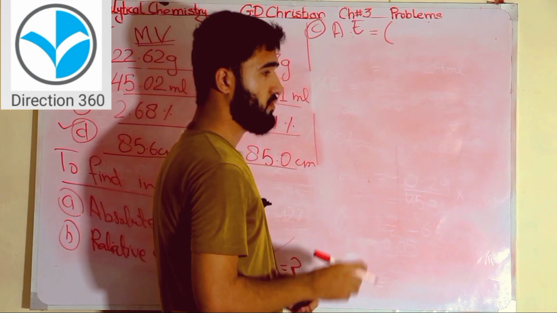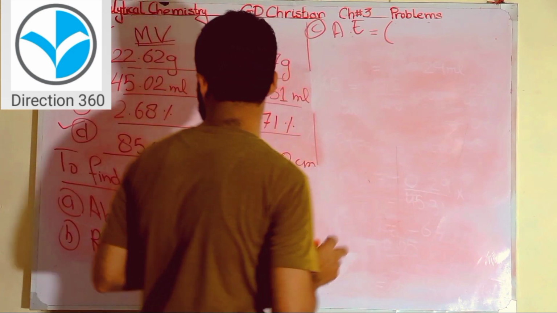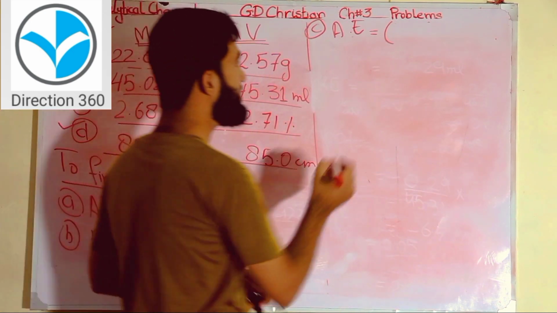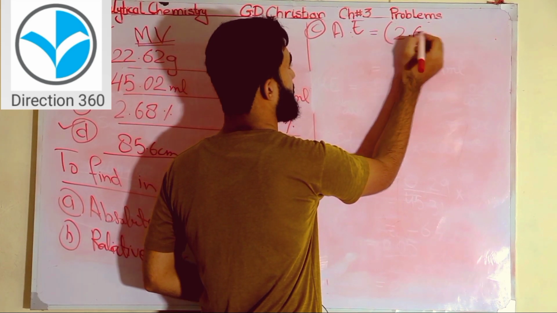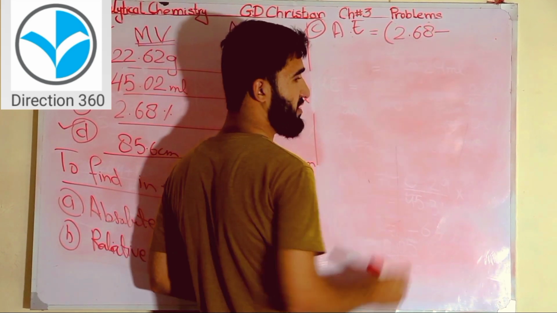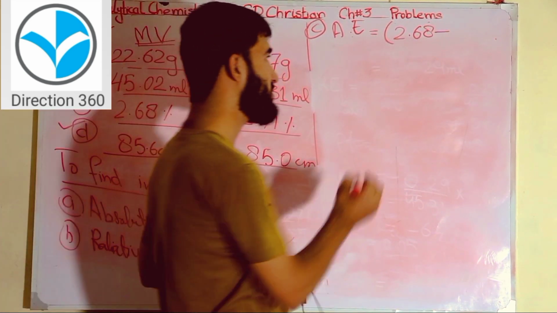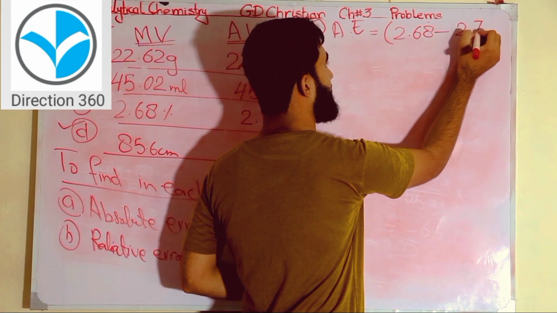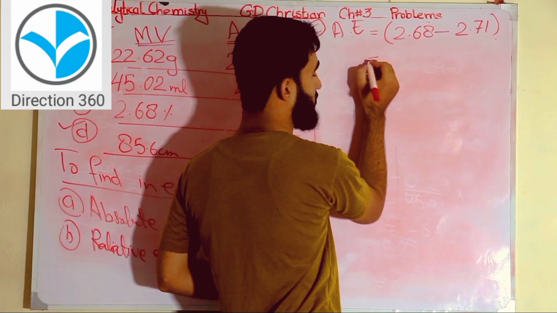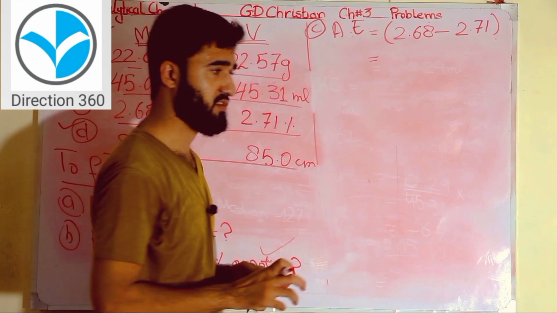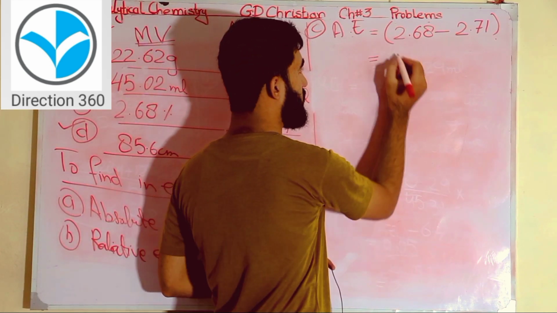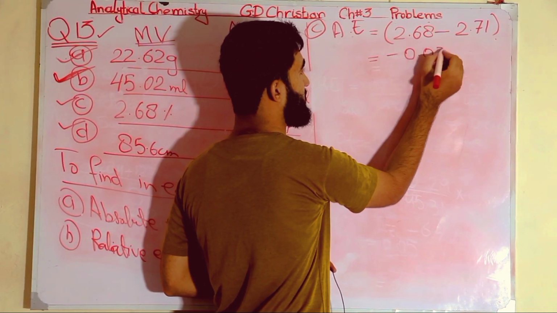Measured value which we obtained in part C is equal to 2.68 minus accepted value, which is equal to 2.71. By solving this, we obtain the answer, which is equal to minus 0.03.